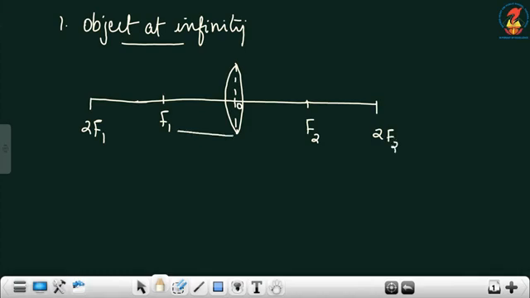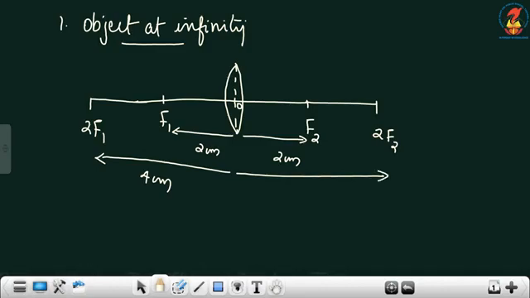From optic center to F1, 2 centimeter you can take. From optic center to F2, 2 centimeter. From optic center to 2F1, 4 centimeter. From optic center to 2F2, 4 centimeter. So from optic center to F1, 2 centimeter.